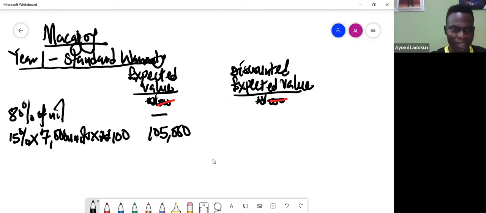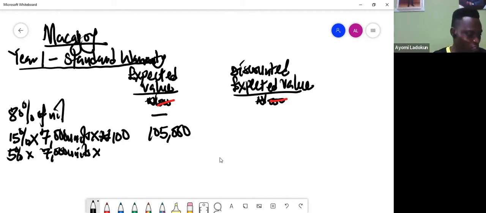Because of time, I'm just following what the question is saying. It now says 5% will require major repair. So I'll now say 5% multiplied by 7,000 units, then multiplied by the major defect cost. It will cost 500 naira. So check the question and be sure you are seeing 500.